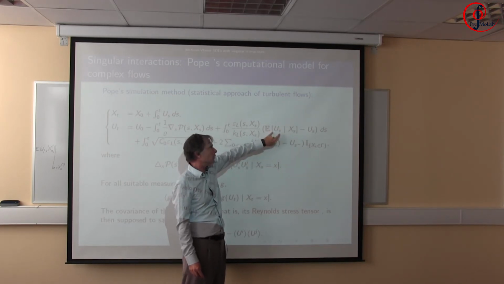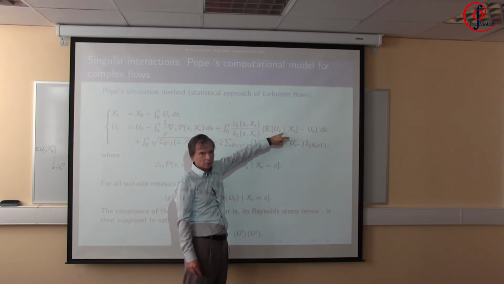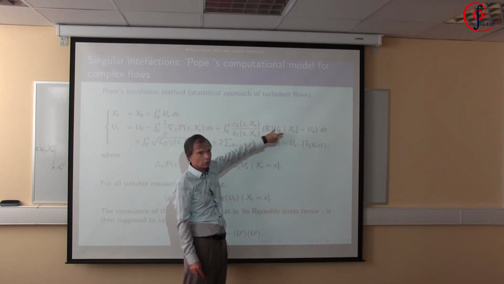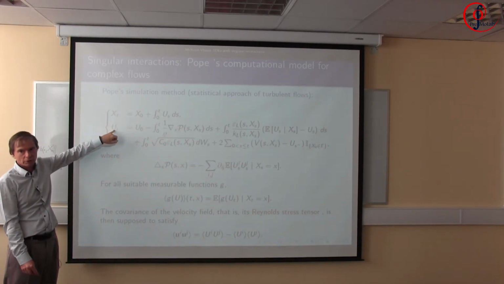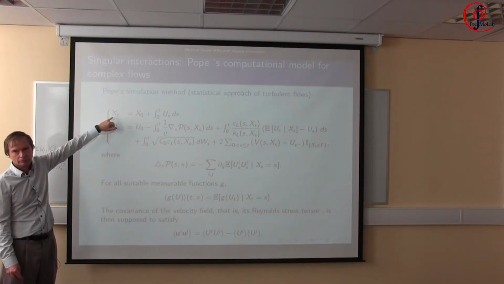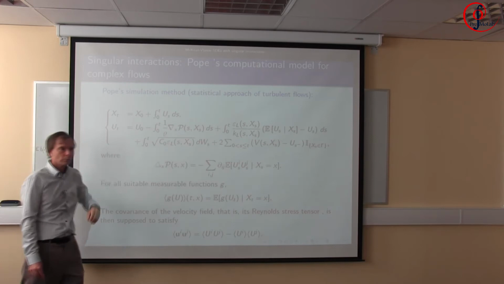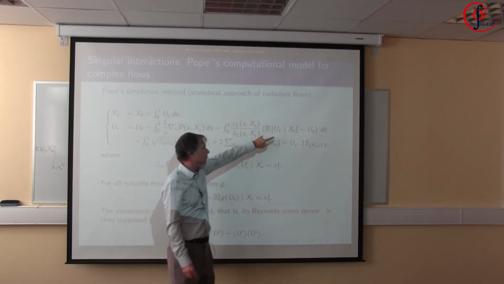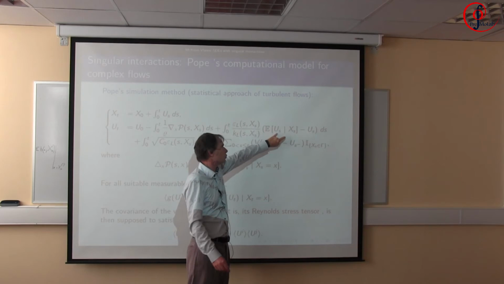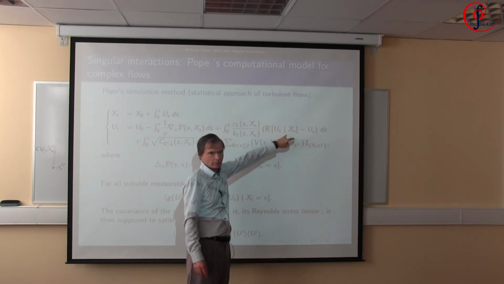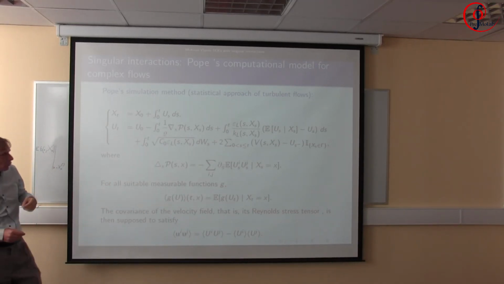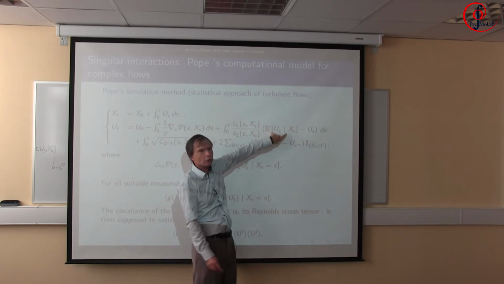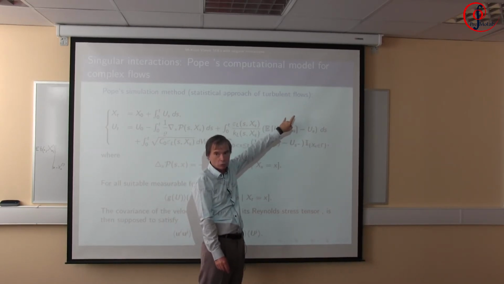It's not the probability distribution of (U, X), which you had to handle before, but the conditional expectation of some coordinates, the velocity coordinates, with respect to the position. So that's much more difficult than the distribution of the pair U and X. In particular, this object cannot be written as the integration of a kernel with respect to the distribution of the pair (U, X).